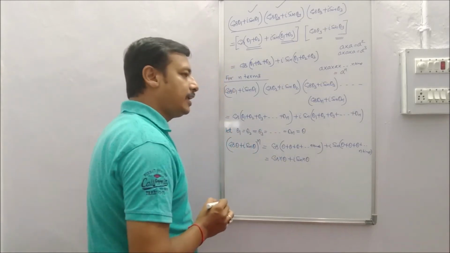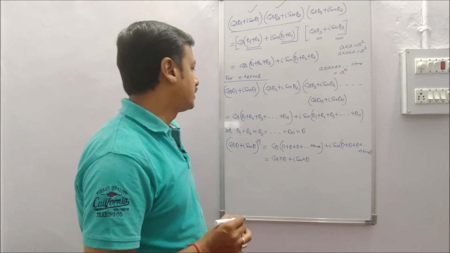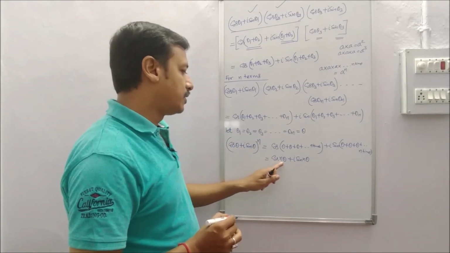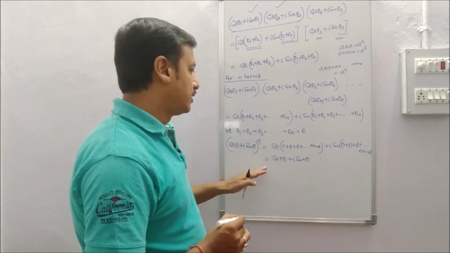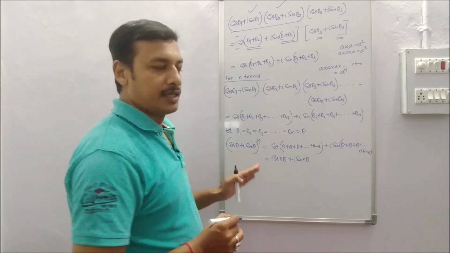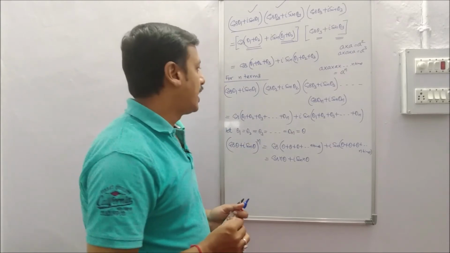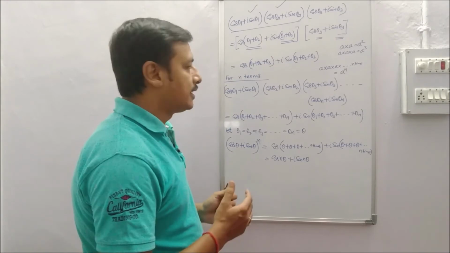So for any n which is a positive integer, cos theta plus I sin theta to the power n is equal to cos n theta plus I sin n theta. This is De Moivre's theorem for the first case. Now in the second case, we will take n as a negative integer and prove it in the same manner.